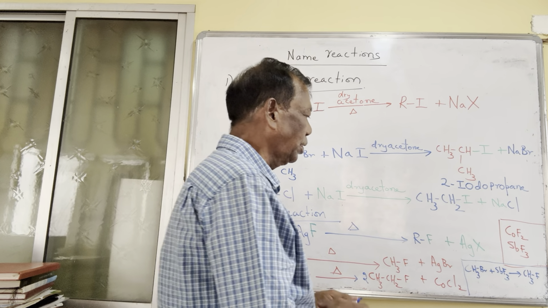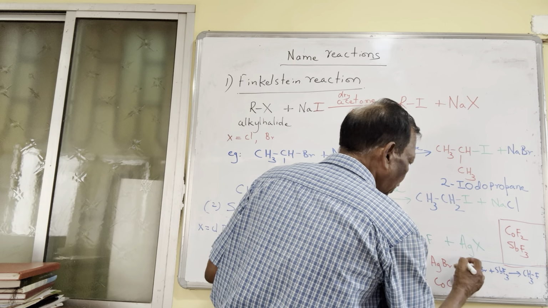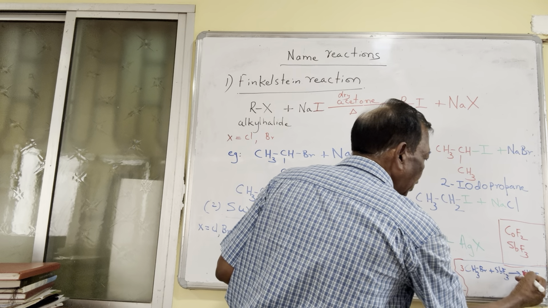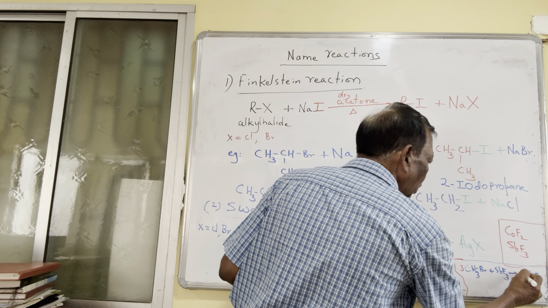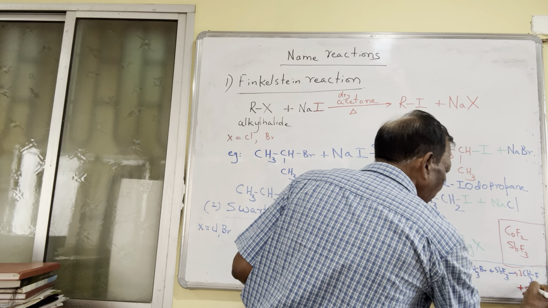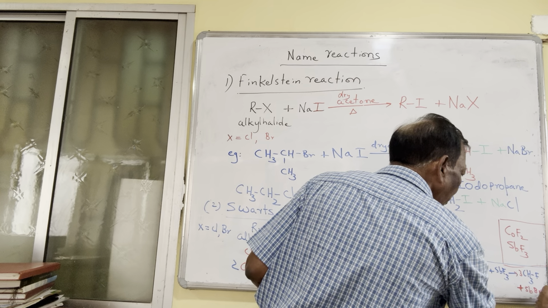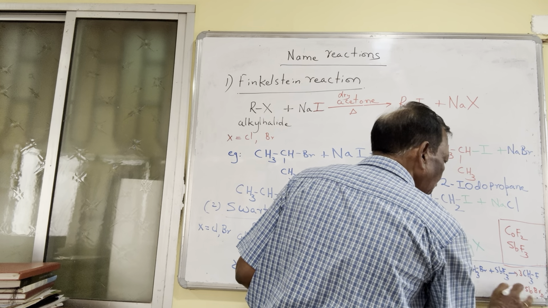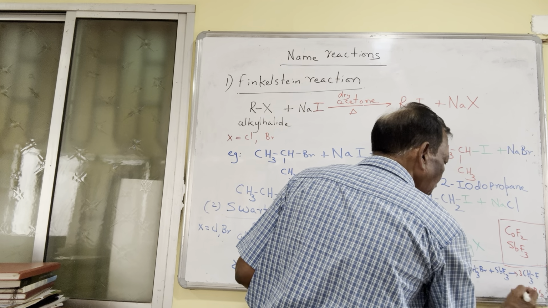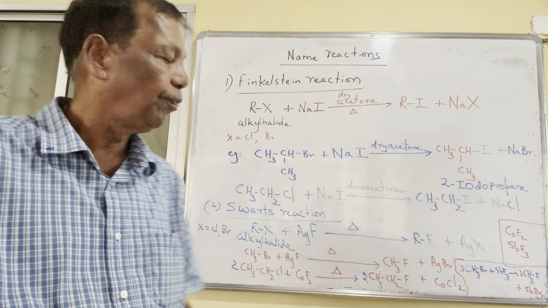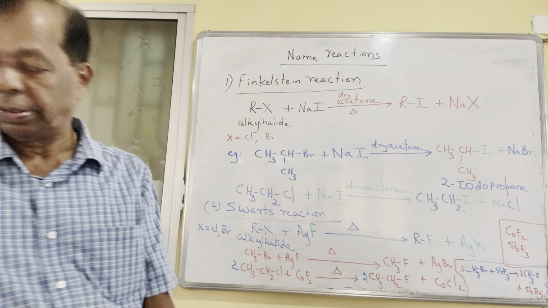Now in this case, this will be balanced by putting over here 3, over here 3, and here also 3. Along with that, what you'll get will be SbBr3. By itself, it is balanced. Remember, SbBr3. And that is what is called, what is the name of the reaction? This reaction is called Swarts reaction.